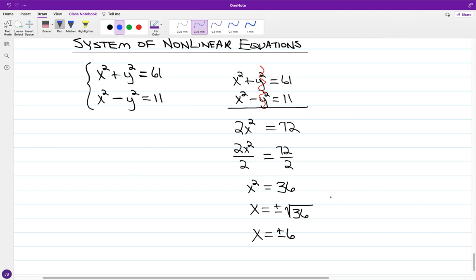Okay, I have both equations with x squared. So in this particular instance, I can take either equation and just plug in 36 for x squared.